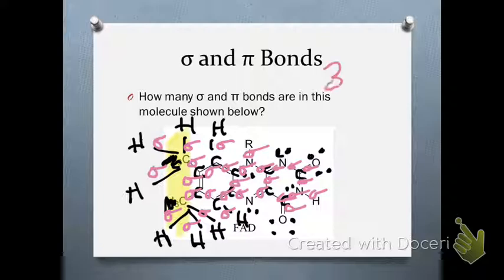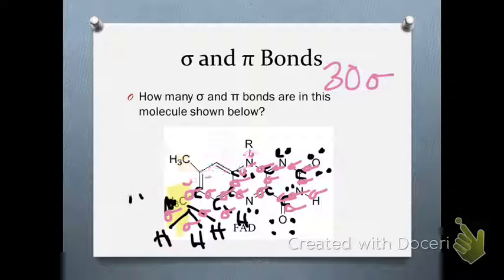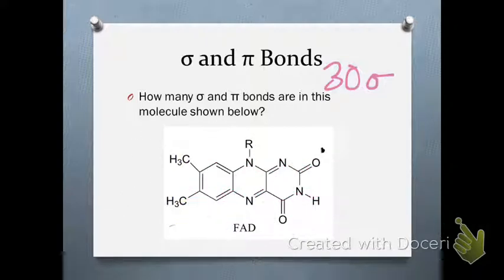So there's 30 sigma, and then if you go back, and this is terrible how small I did this, plus writing on an iPad is not helping, but if you look at the pi bonds, you would have a pi bond here, 1, 2, 3, 4, 5, 6, 7, 7 pi. So if you got 30 sigma and 7 pi, you are right.